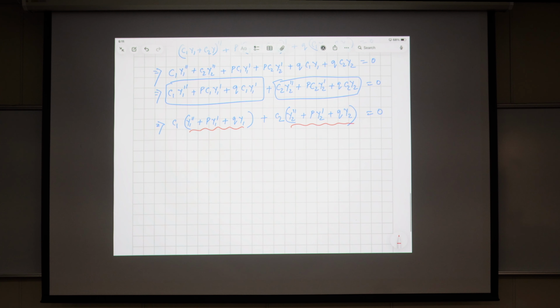So ultimately we are getting C1 into 0 plus C2 into 0 is equal to 0. Right?